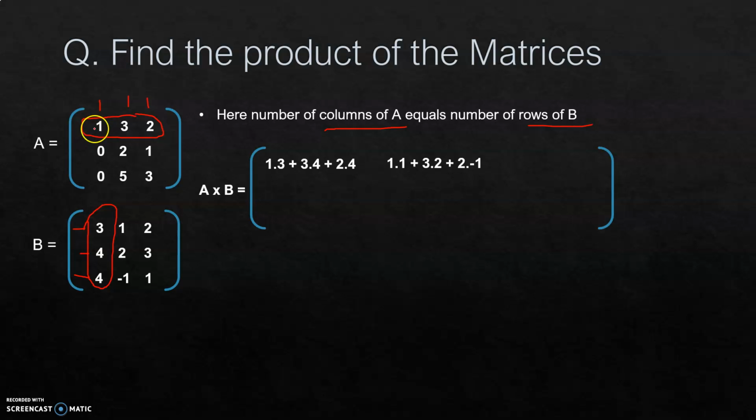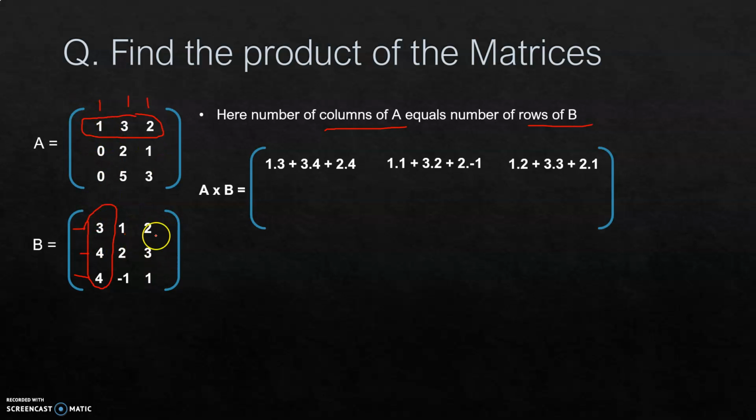We are not changing the row. We are changing only the column of the second matrix. So 1 into 1 plus 3 into 2 plus 2 into minus 1. Then again the first row with the third column. So each row with every column, that is the condition.